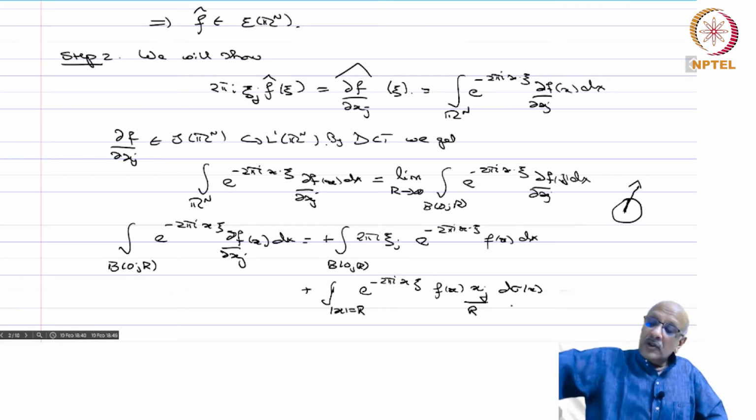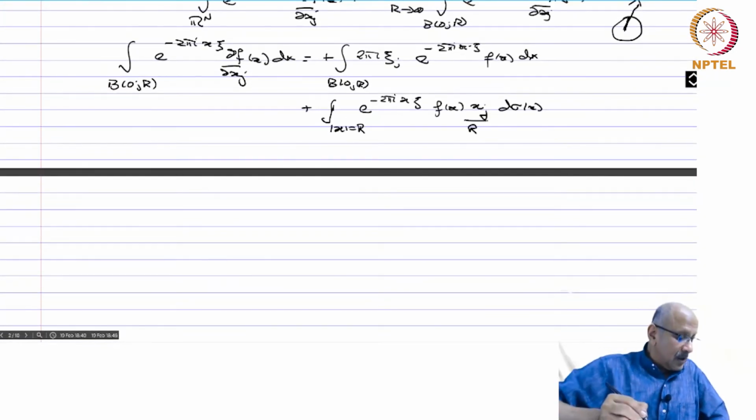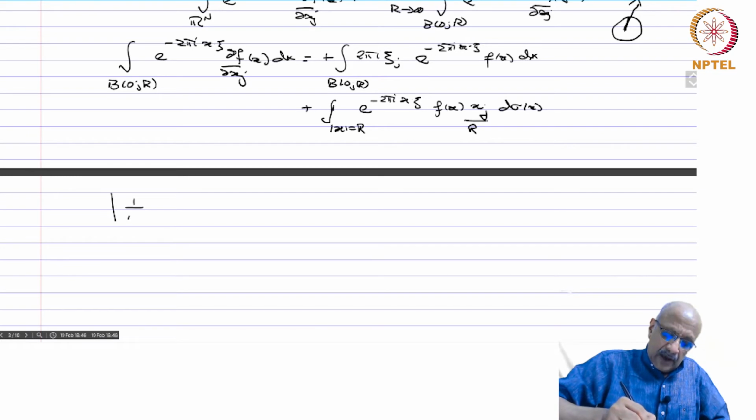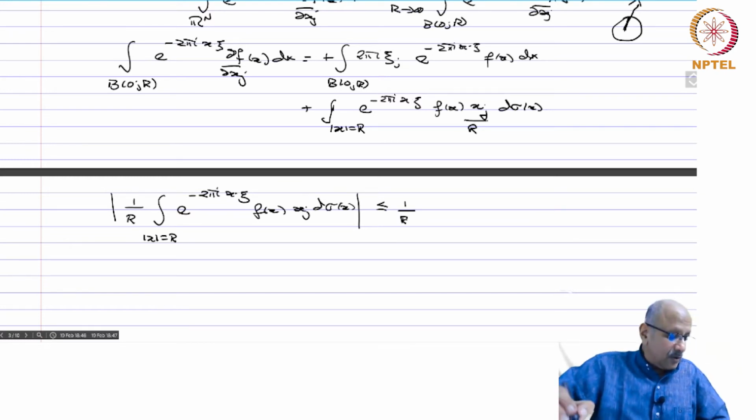Okay, so now we will estimate this boundary term. So the modulus of 1/r times the integral over |x| = r of e^(-2 pi i x·psi) f(x) xj d sigma x, where d sigma x is the surface measure, is less than or equal to 1/r times the integral over |x| = r of |xj| |f(x)| d sigma x, since we can forget the e^(-2 pi i ...), its modulus is 1.